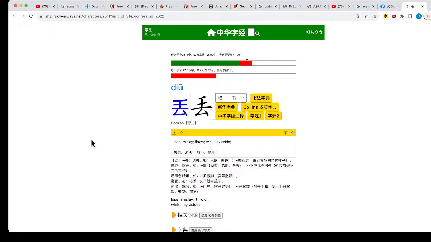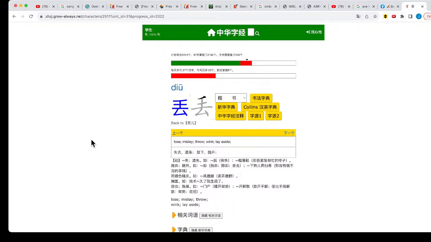So just remember that diu means that you lost the relationship between you and the thing that you diu. So that's the basic meaning. It could be intentional or unintentional. And so 丢失 means unintentionally you lost something.